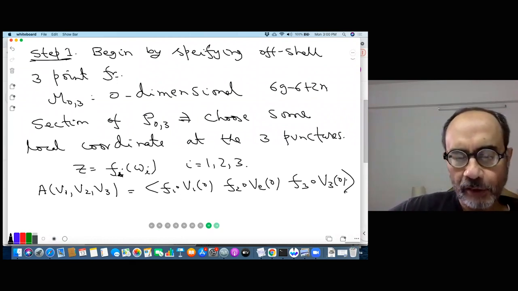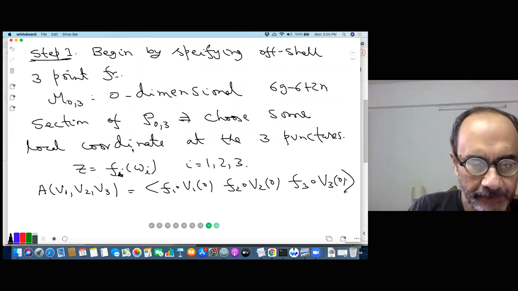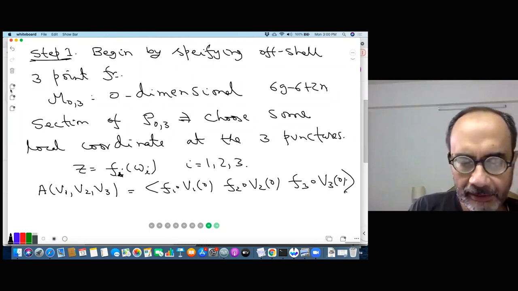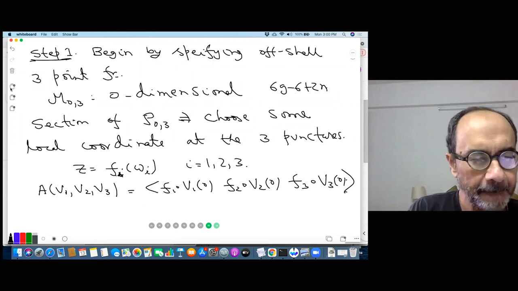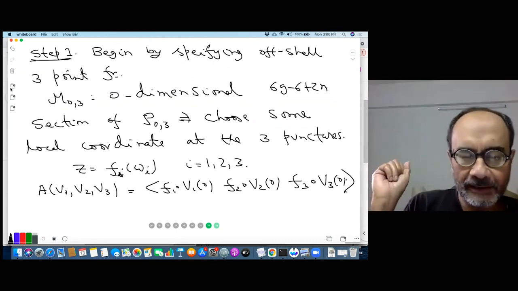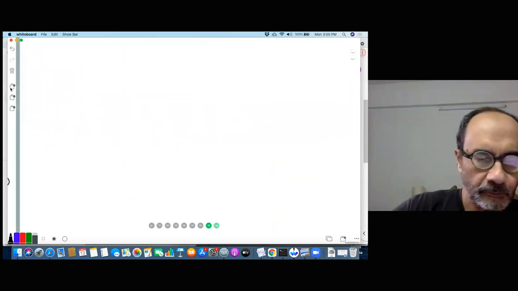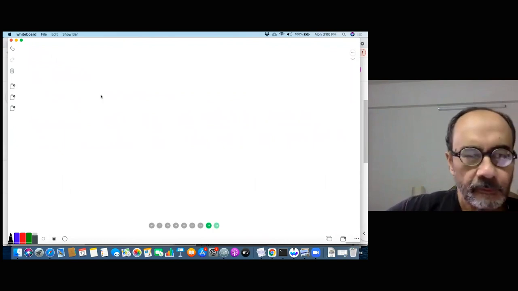Now the choice of f_i will not be totally unconstrained. Let me just explain what condition we impose on the f_i's, and that again comes from the usual idea from Feynman diagrams from quantum field theory.